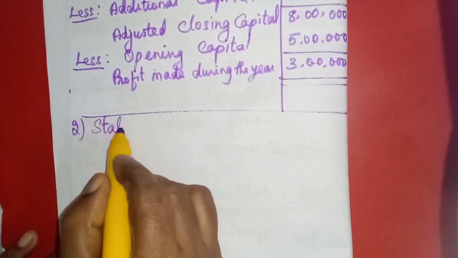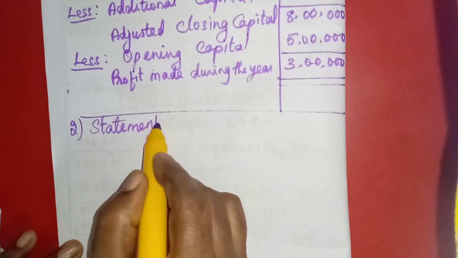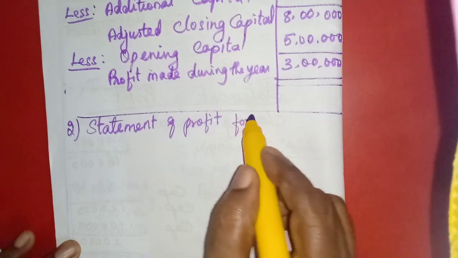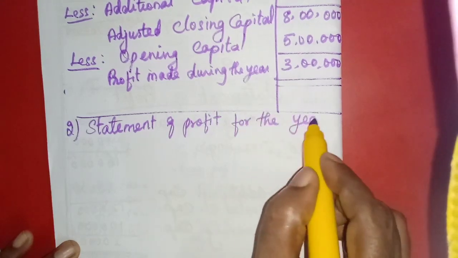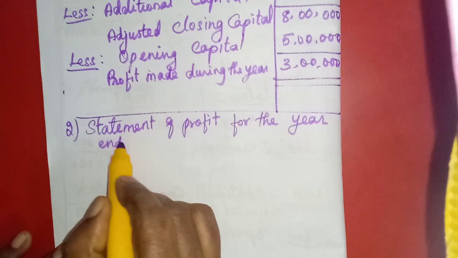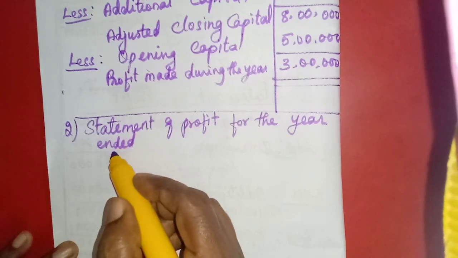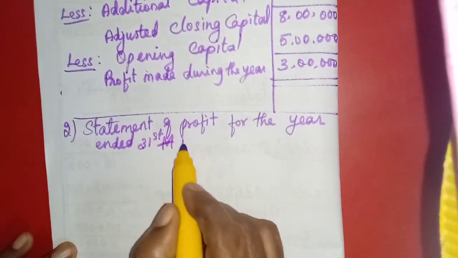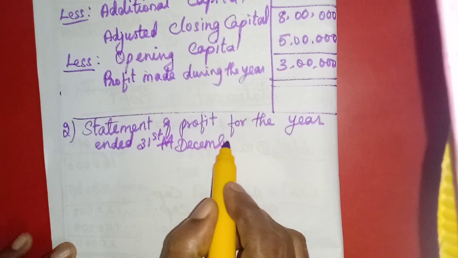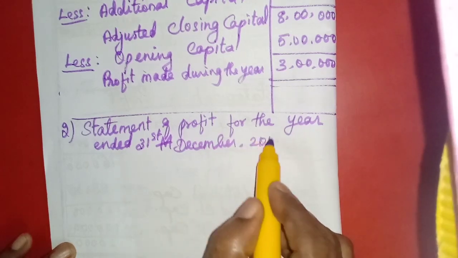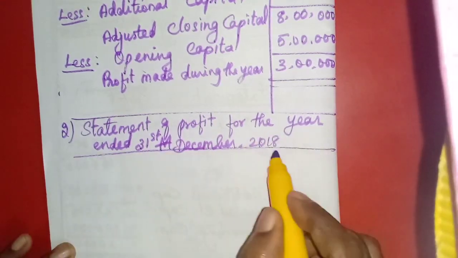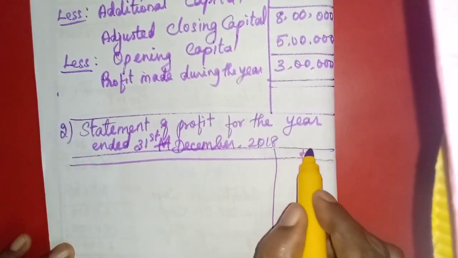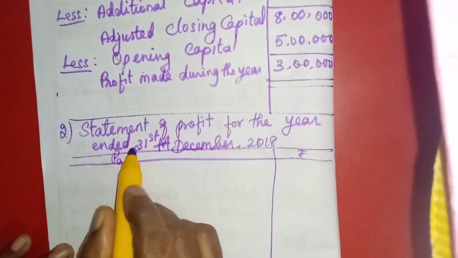Statement of profit for the year ended 31st December 2018. Okay, draw the amount column, rupee symbol, particulars.